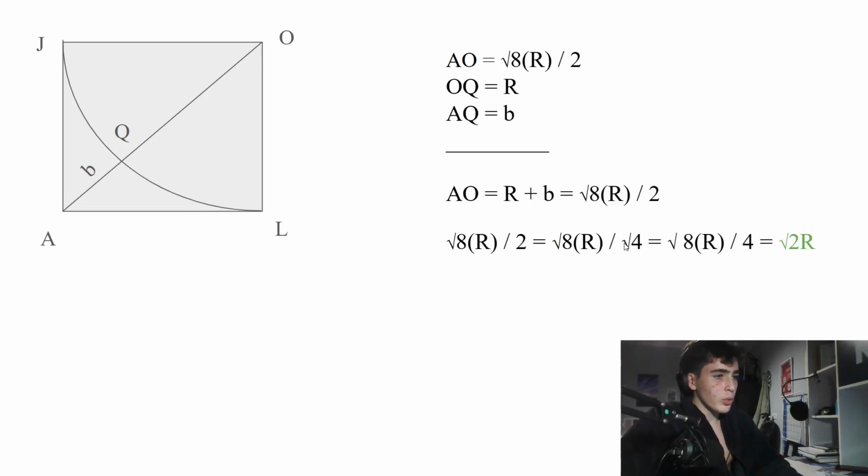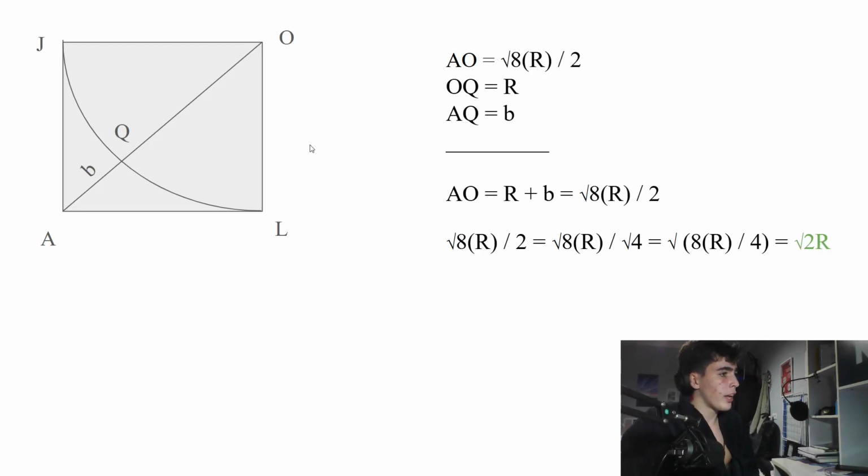We know that 2 is the square root of 4, so it's going to be square root of 8 times R divided by square root of 4. The square root will come out. It'll be just square root of 8 divided by 4 times R. And we know 8 divided by 4 is 2, so we're going to be left with the square root of 2 times R.